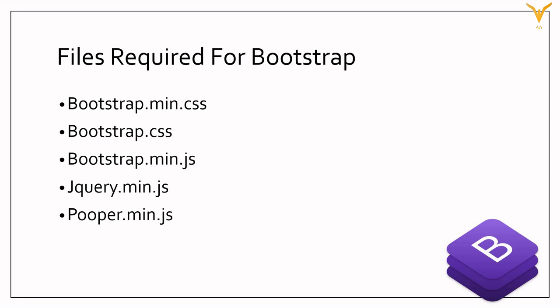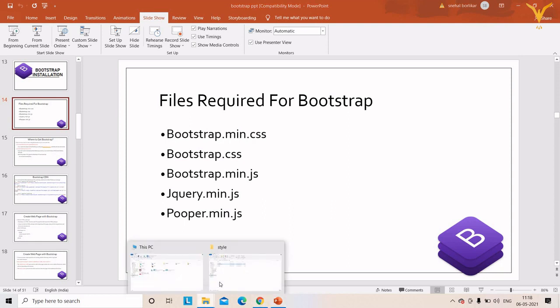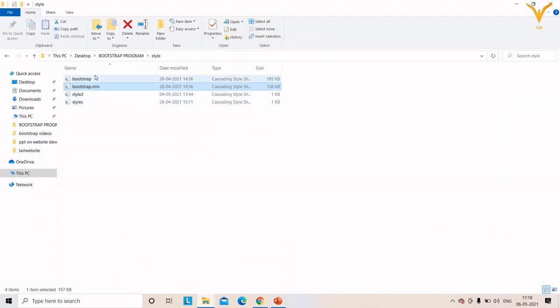I will show you what exactly this means. We will open both the files. I have downloaded Bootstrap here, and I will show you how to download it, but before that we should understand the difference between the two files. This is the bootstrap.css file and this is bootstrap.min.css.